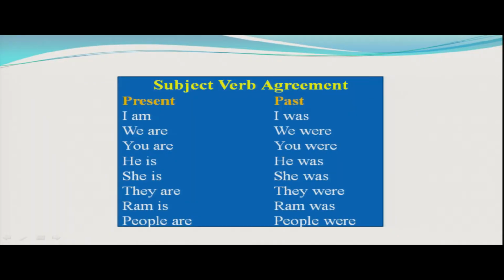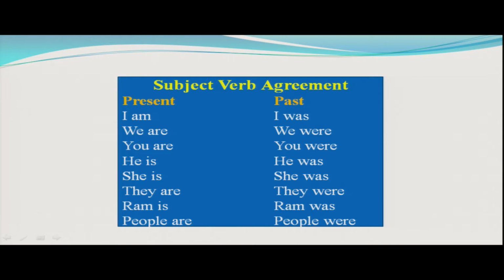And therefore, the auxiliaries are used after the subjects in this manner. In the present time, you find I am, we are, you are, he is, she is, they are, Ram is, people are. Now, you cannot bring about any change because you are using present tense, present time.